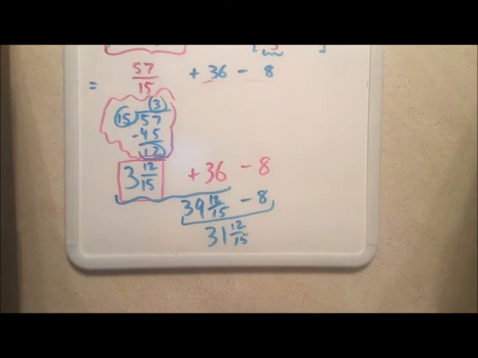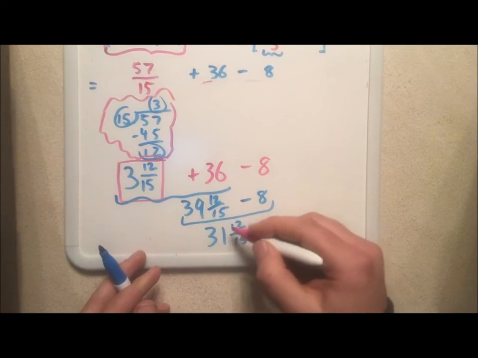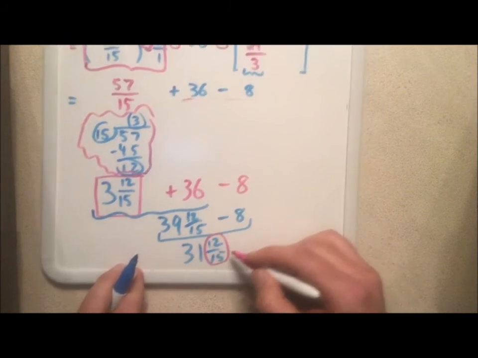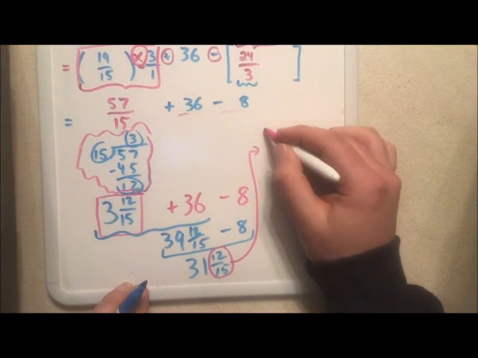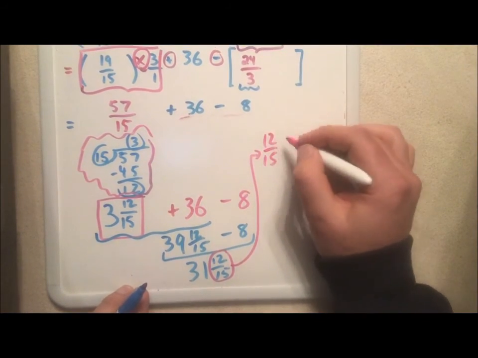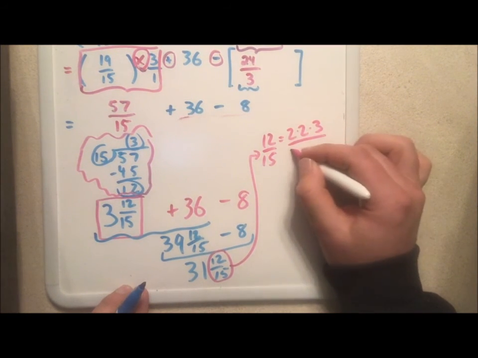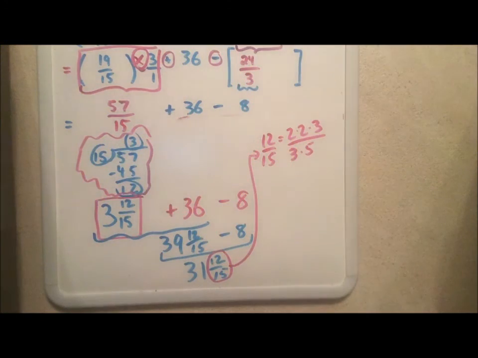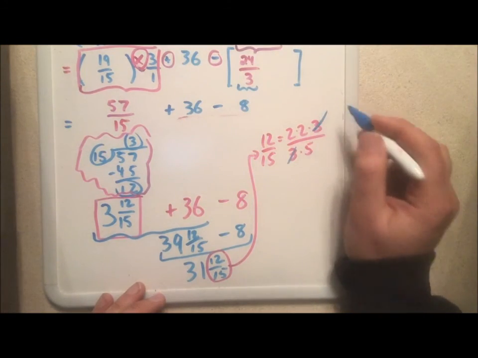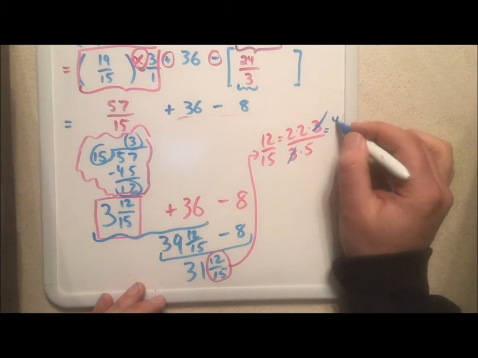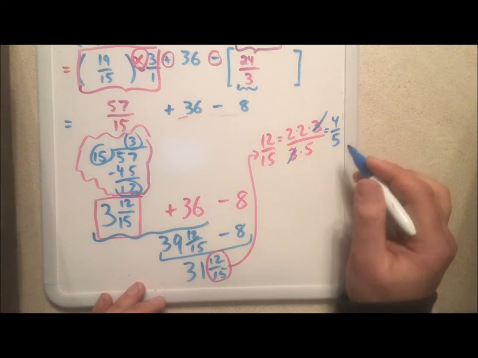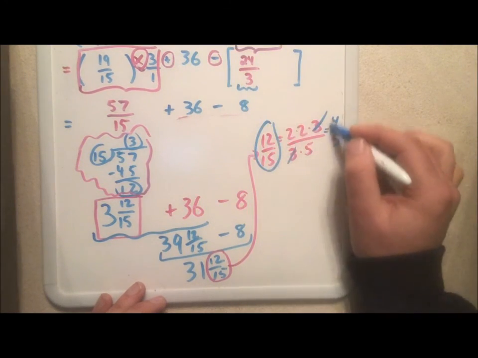So I was really just hassling with the large numbers. This thing stayed the same every time. However, we can simplify that. 12 over 15, if you break that down with factor trees, that's 2 times 2 times 3, and this is 3 times 5. So we see that the 3's cancel out, and we're just left with a 4 over 5. 12 over 15 is the same as 4 over 5.